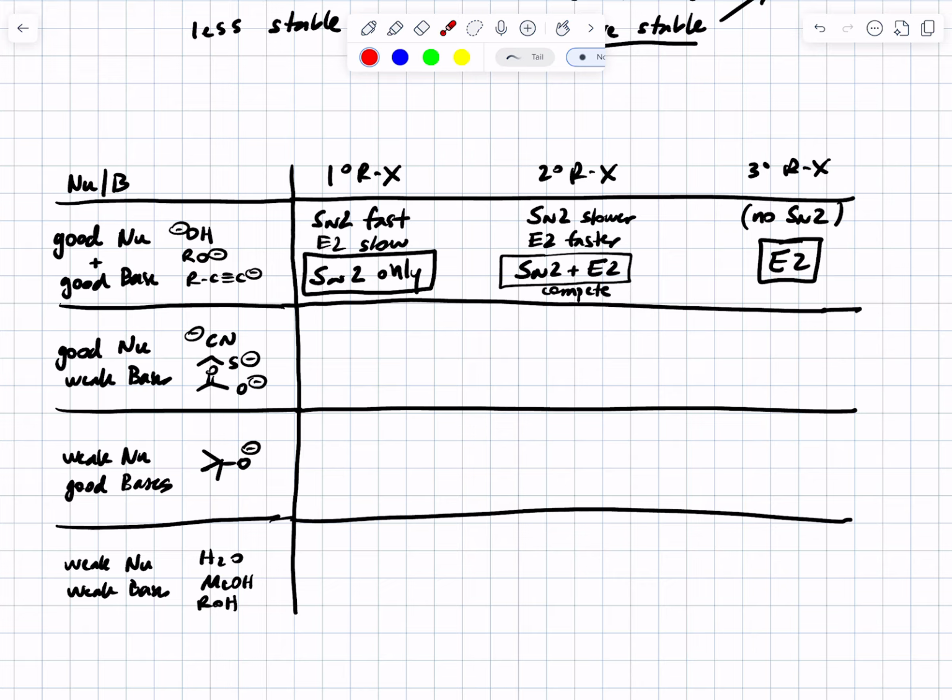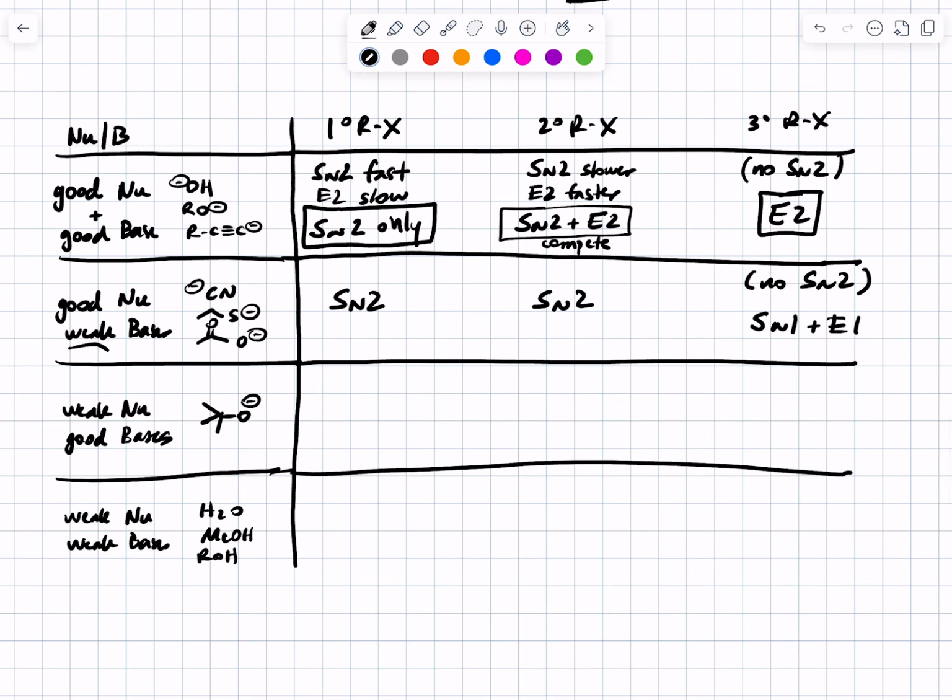Now, a good nucleophile that's a weak base is not going to do E2. It can do SN2 with primary and secondary. You can't do SN2 at a tertiary carbon, and it's a weak base, so it's not going to do E2, so all that you're left with is SN1 and E1.